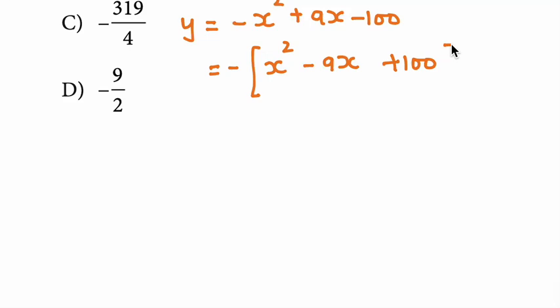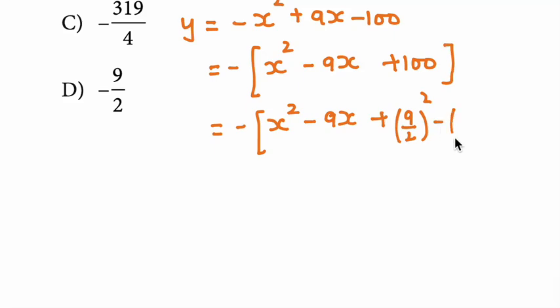Next step, whatever is the value of b, b is 9 here. Ignore the sign. So do plus half of it whole squared and minus half of it whole squared.